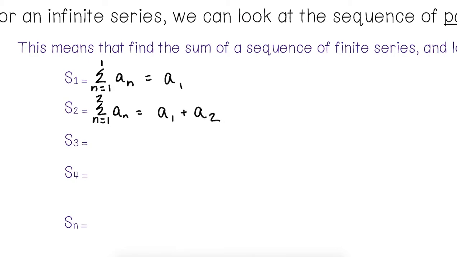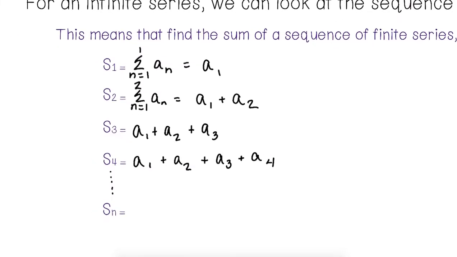We can continue that pattern on. S sub 3 is the third partial sum: you take the sum from 1 to 3, so I would add the first 3 terms up. S sub 4 is then the fourth partial sum, so we add the first 4 terms. And then we can take it out to what is called the nth partial sum, the sum from n equaling 1 to n of a sub n.